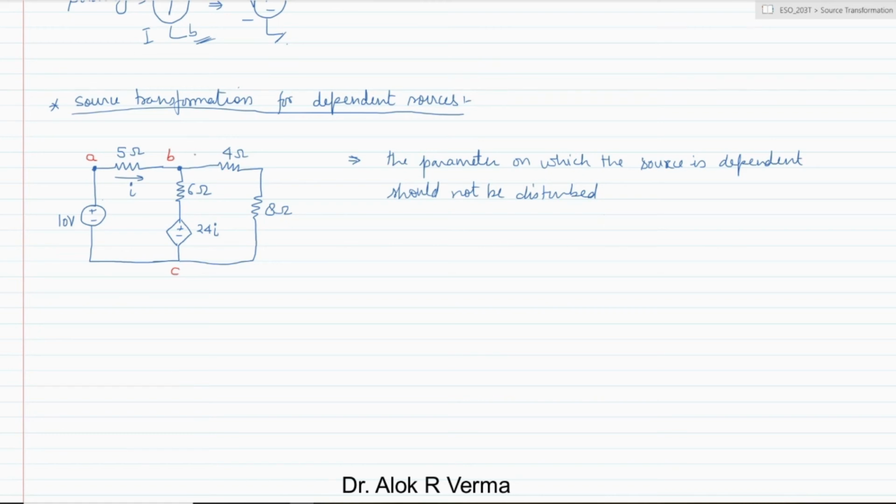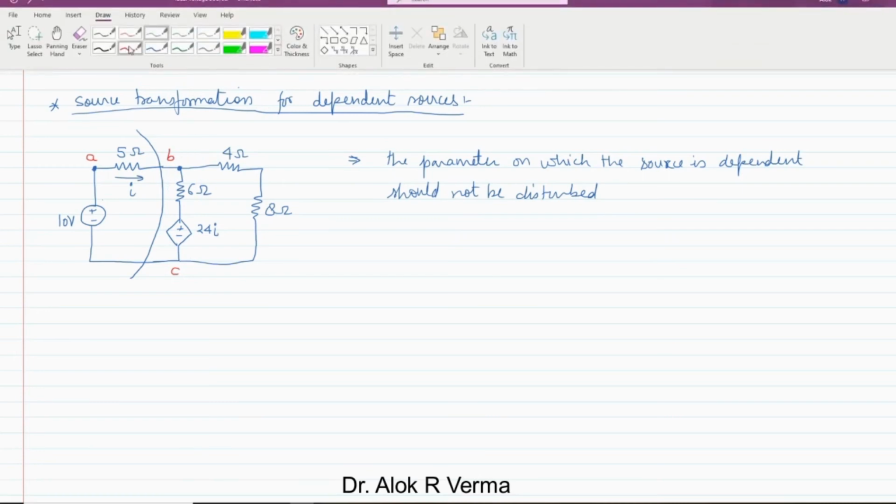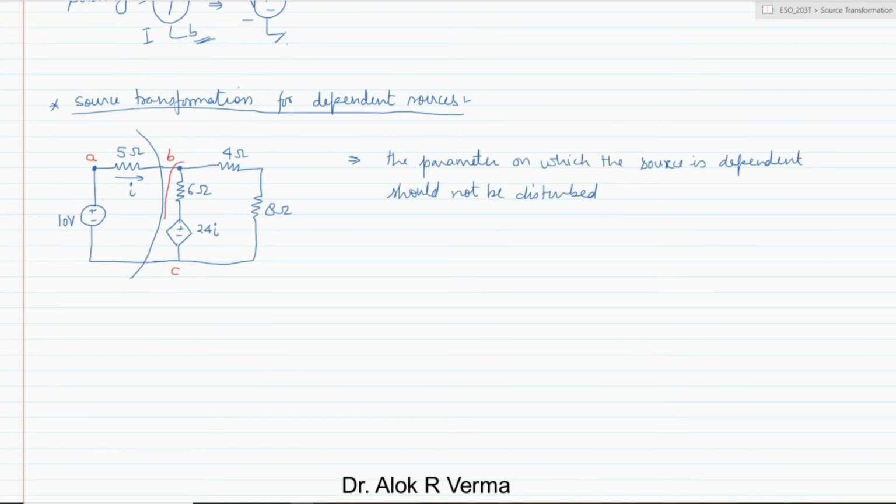So we can have this current I as it is, and we are not going to change this. We have to solve this particular branch. Or we can use a different color just to identify that. So this particular branch BC, sorry. This BC branch can be converted as usual, keeping this current undisturbed.